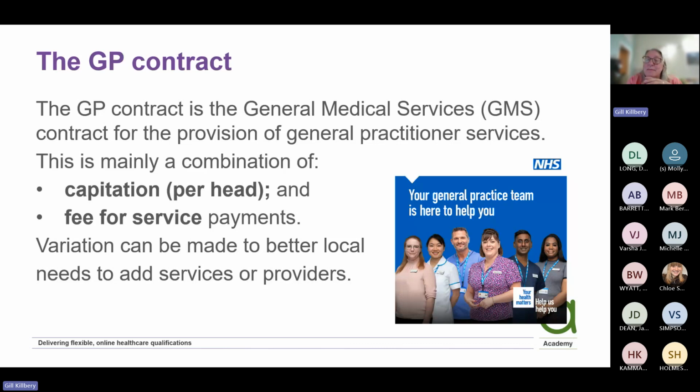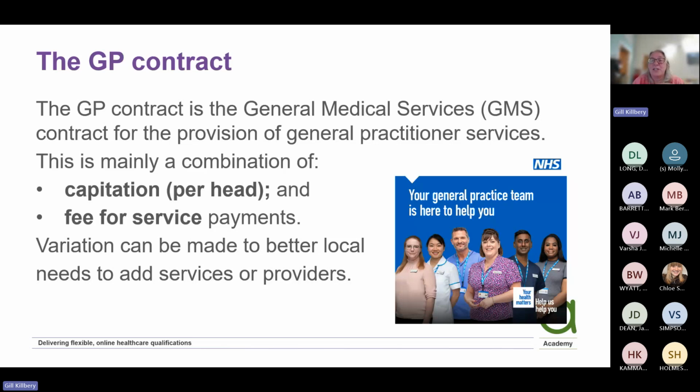That basic number is adjusted depending on the age and sex profile of the people who are registered, as well as the disease profile of them and local deprivation. It's not based on the amount of care that's actually given to the patients. It's a calculated figure based on capitation.